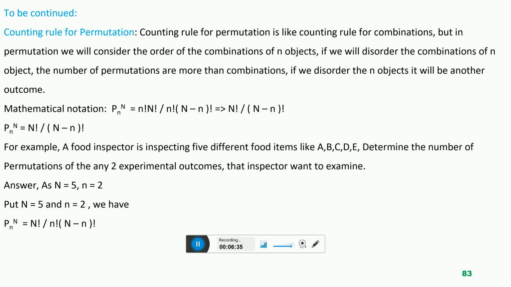This 2 is the subset of the large set N. We choose only 2 from the 5. So we will put N equal to 5 and n equal to 2 in the formula we have.